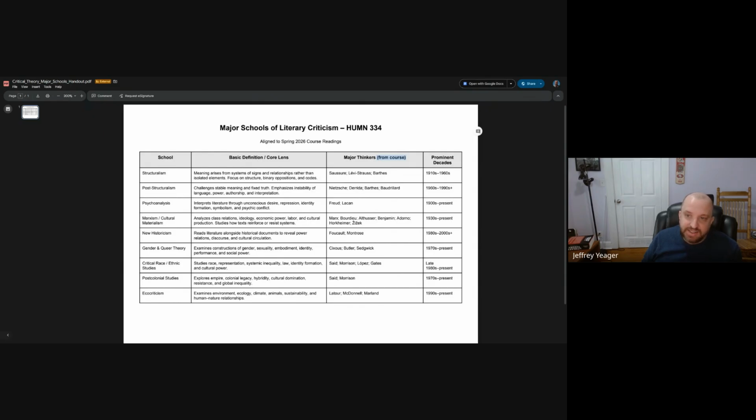The structuralists were most popular, as the chart says, from the 1910s up through the 1960s. Not necessarily trying to figure out concepts of truth or anything like that. The structuralists were just looking at the structure of how we do things. How do we make symbols? How do we make metaphors? How do we make meaning? The activity that we're going to talk about in a second about equivocal, univocal, and analogous language, I'm giving you the exercise because it's going to make you think more like a structuralist.